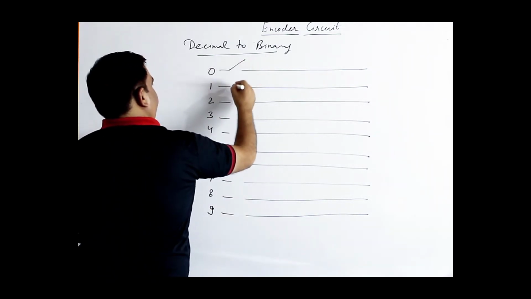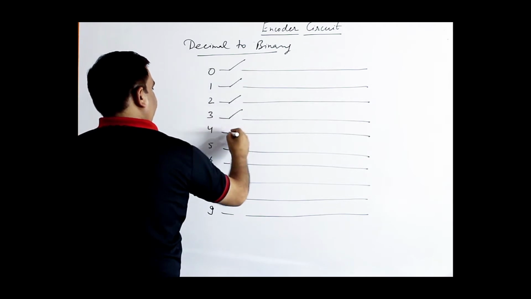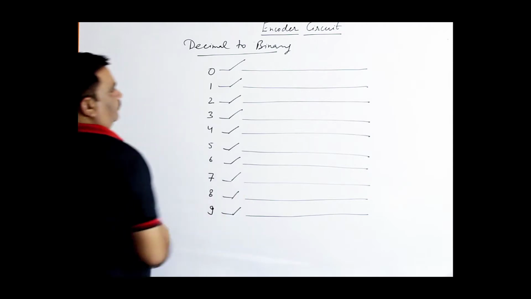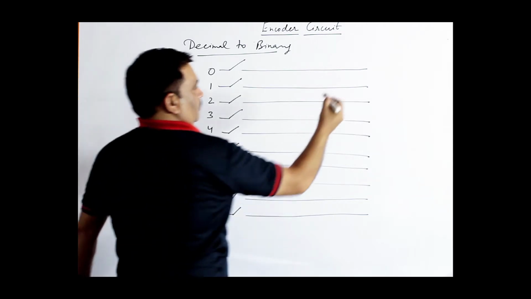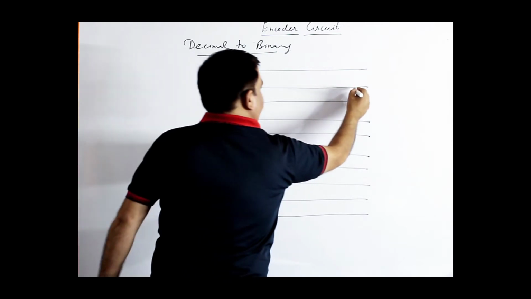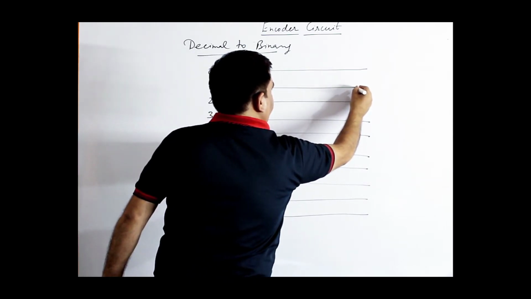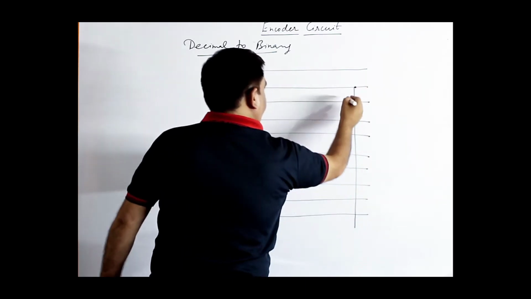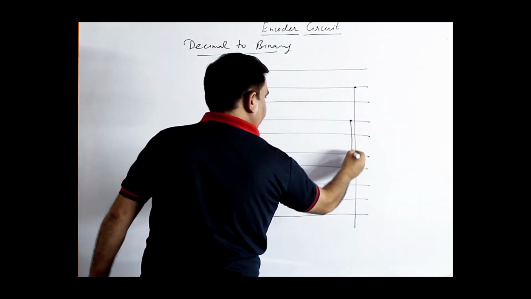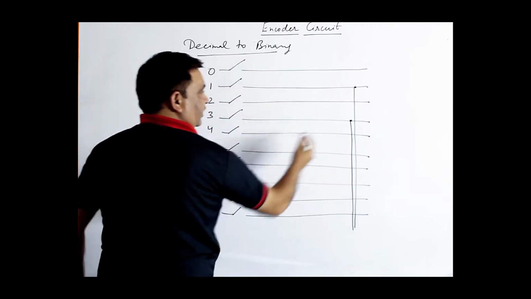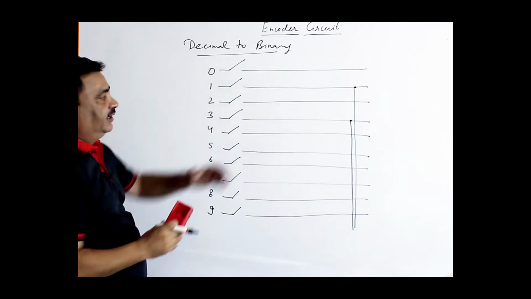These are the switches. Now consider it is 0, where 0 means do not connect and 1 means connected. Then again 0, then 1. Suppose these are signal wires which contain signals.